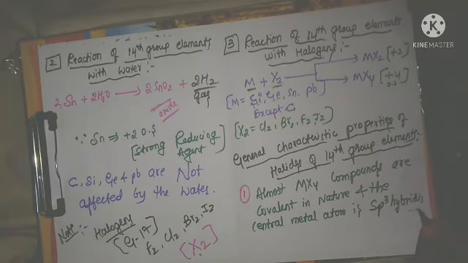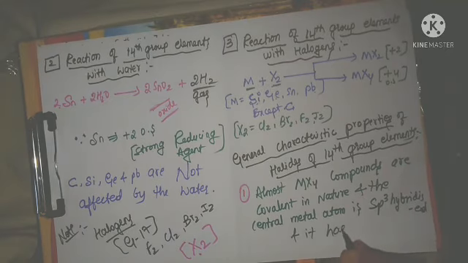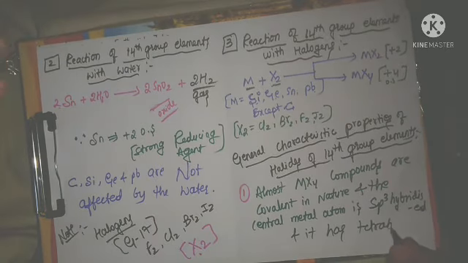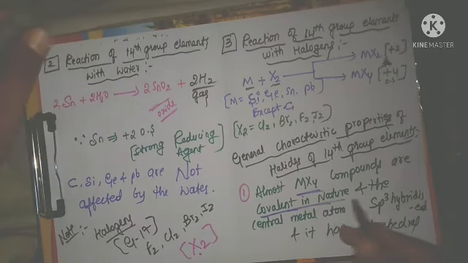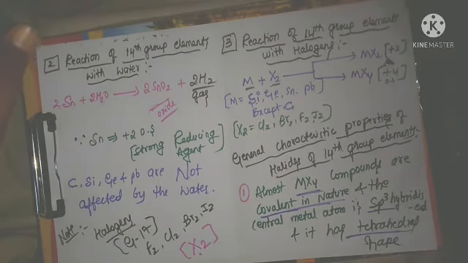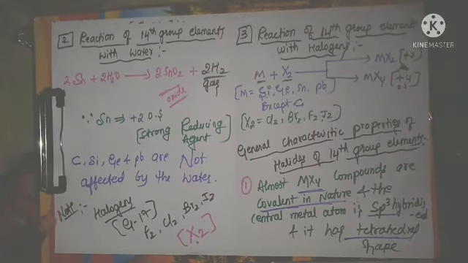I told already, it is sp3 hybridized, and it has tetrahedral shape. Just remember here, MX4 are almost all covalent in nature, sp3 hybridized, and tetrahedral shape. Right. Next we will go for the second characteristic property of these compounds.